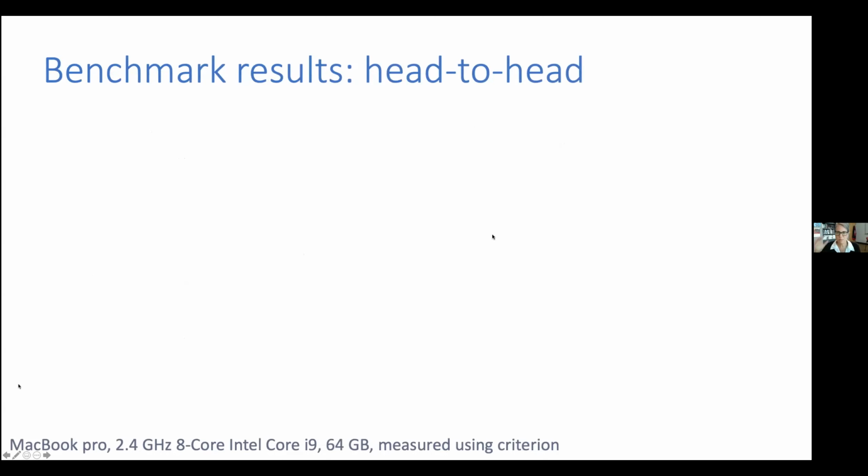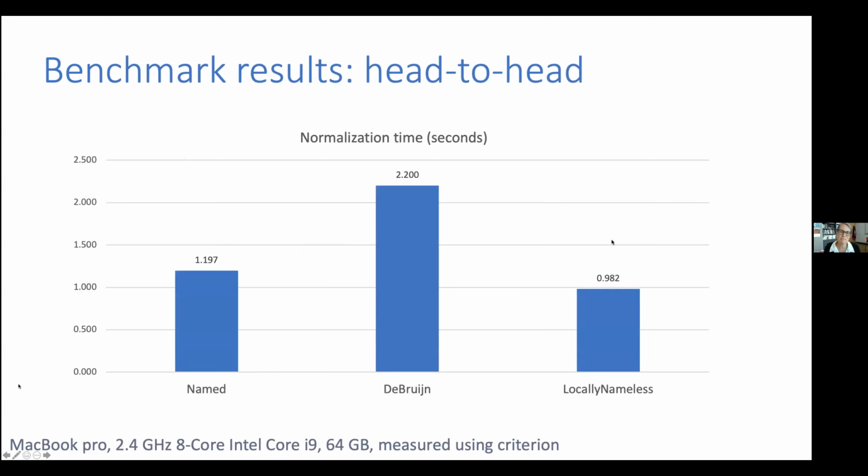Okay, so let's think about the benchmark results. I took Leonard's three implementations, and here I'm really just replicating his paper, because he also ran this benchmark on this set of code. I did it on the laptop I'm using to give this presentation.